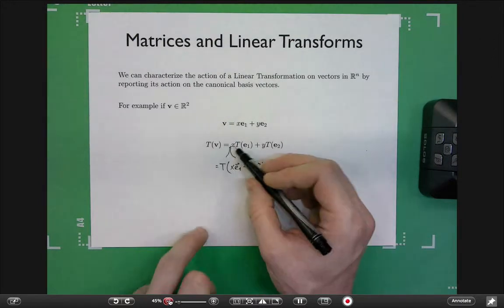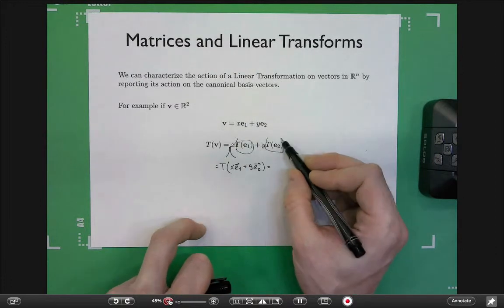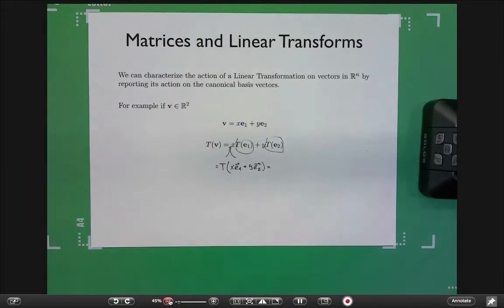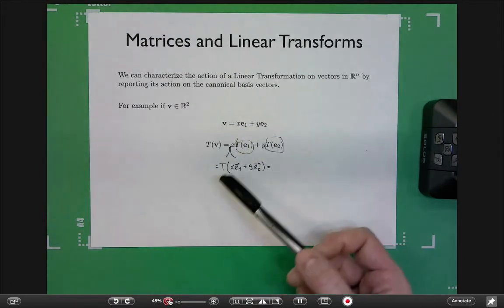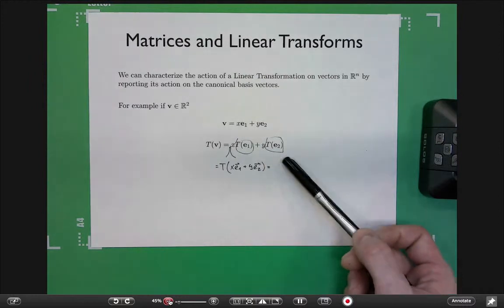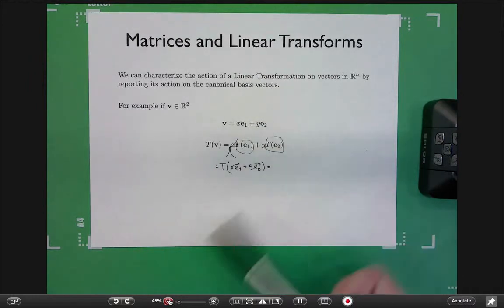Once I know this T(e1) and T(e2), then I can compute the action of the linear transformation on an arbitrary vector v, right? Because for arbitrary v, I can find this x and y. And if I already know the T(e1) and T(e2), well, then I just put it together through a linear combination, and I have my T(v).